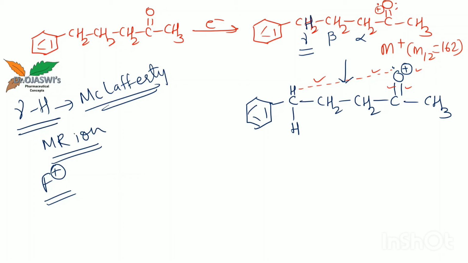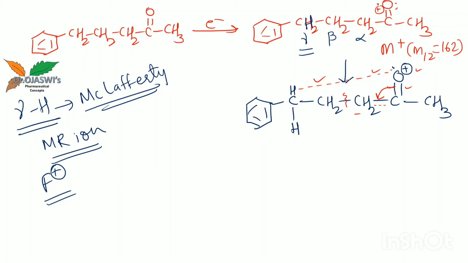So definitely this bond will give its electrons to the next carbon. Here again this bond will be formed because both the electrons are coming here, right? Again so many bonds on this carbon, so this bond will be broken.